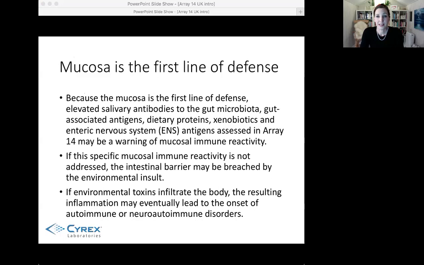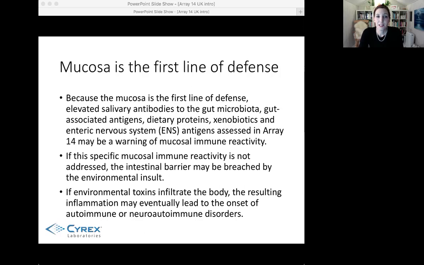And because the mucosal surfaces are the first line of defense, elevated salivary antibodies involving the gut microbiome, gut-associated antigens, food antigens, xenobiotics, or anything to do with the enteric nervous system can be assessed in Array 14 and might be a very useful early warning sign, or even proper warning sign, for inflammatory processes and inflammatory mechanisms that are occurring on the mucosal surfaces.